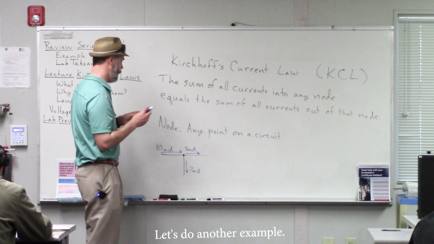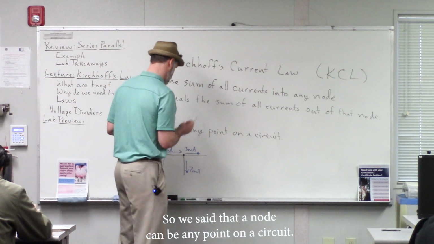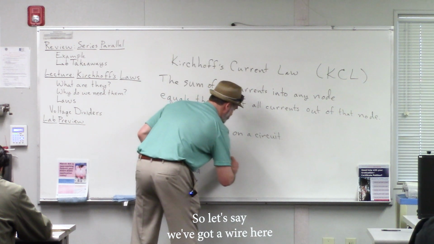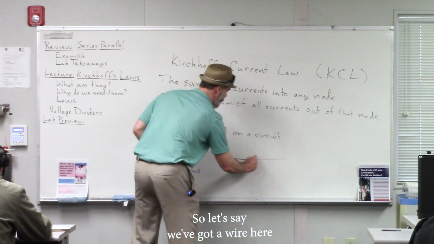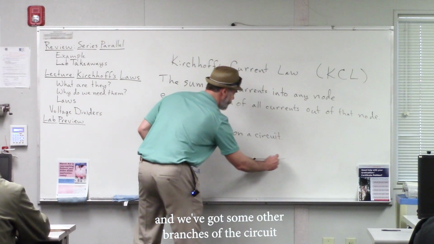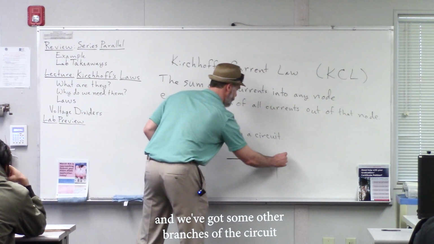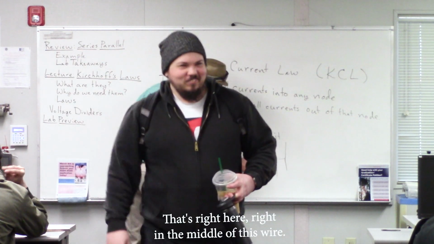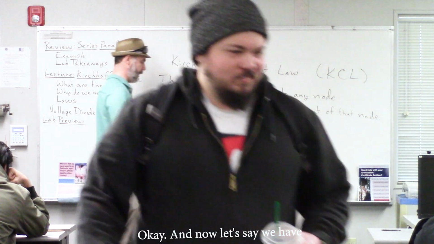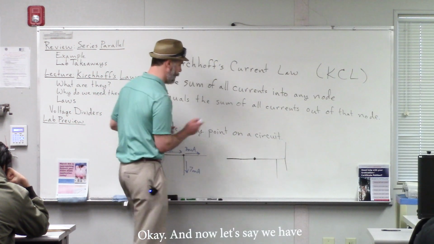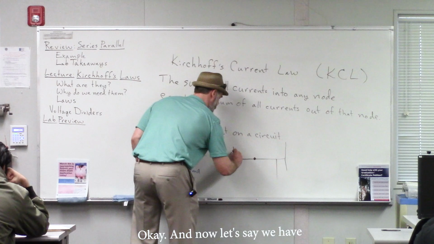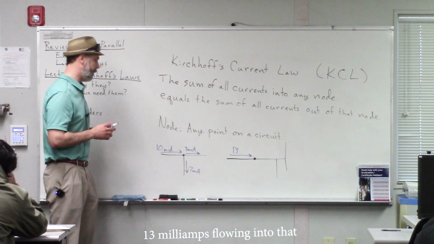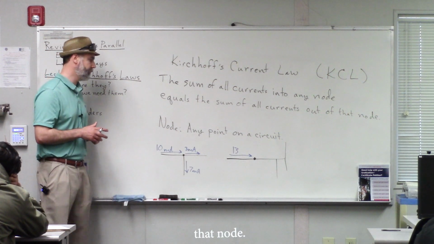Let's do another example. So we said that a node can be any point on a circuit. So let's say we've got a wire here, and we've got some other branches of the circuit going off that way. But we're going to pick a node that's right here, right in the middle of this wire. Okay. And now let's say we have 13 milliamps flowing into that node.